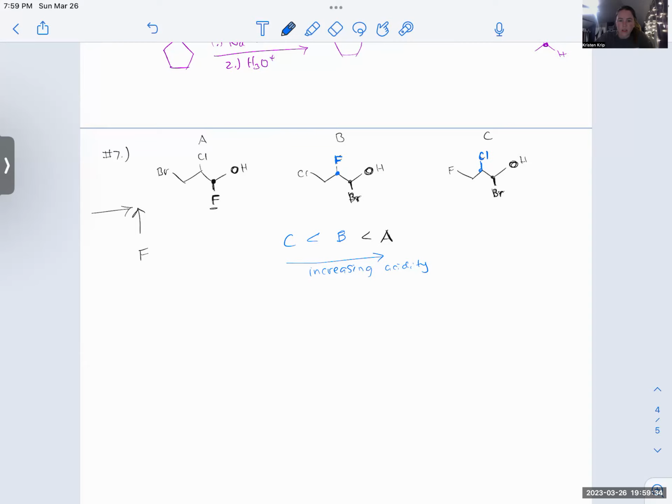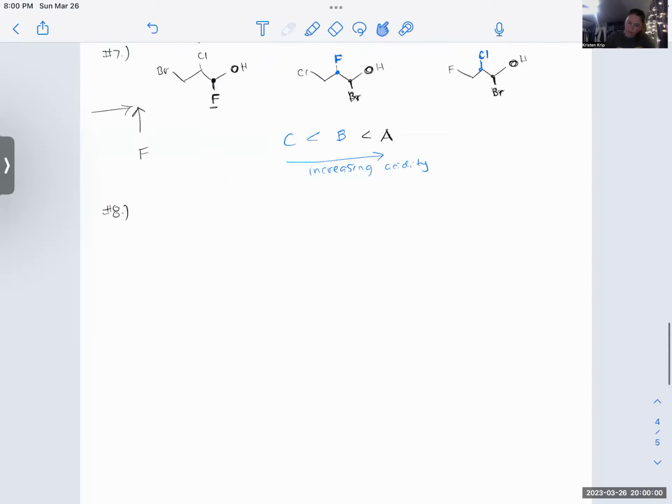And resonance also plays a part. So, I mean, if we were to look at number 8, once again, this is going to be A, OH, CF3.